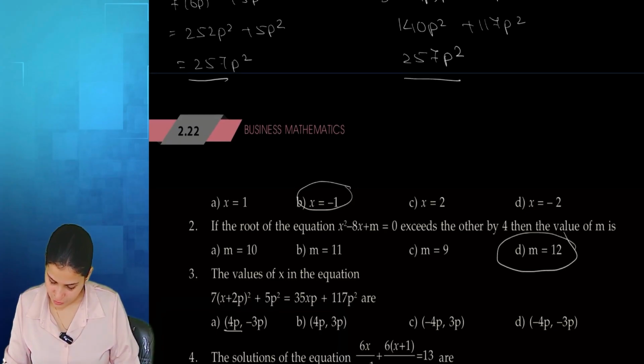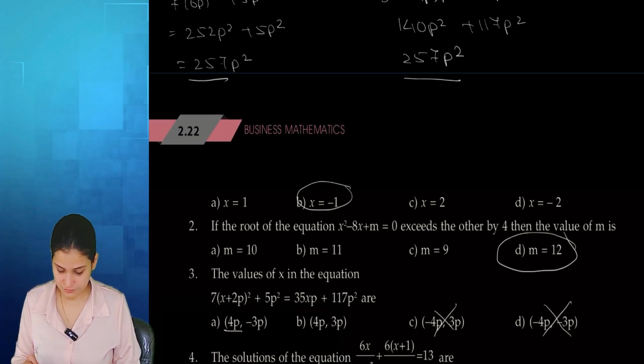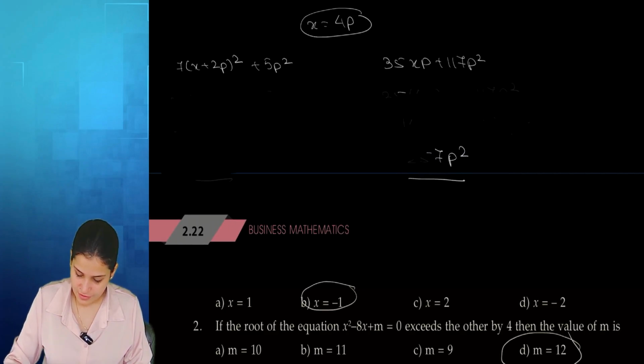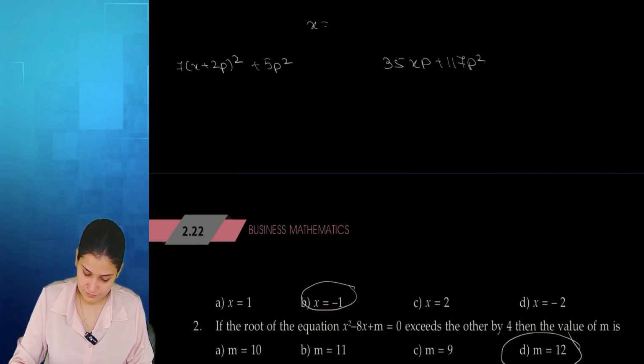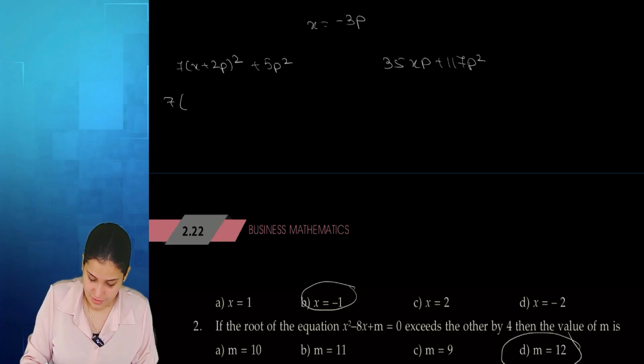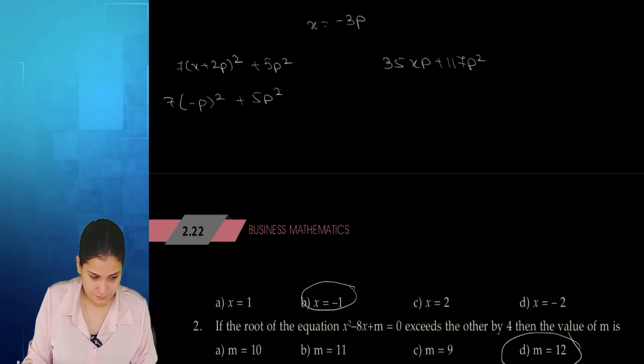What else do we have? So these two are wrong. What we need to try is minus 3p or plus 3p, right? So let us try x equal to minus 3p now. 7 into minus 3p plus 2p, so minus p. This will be 7p square plus 5p square, 12p square.